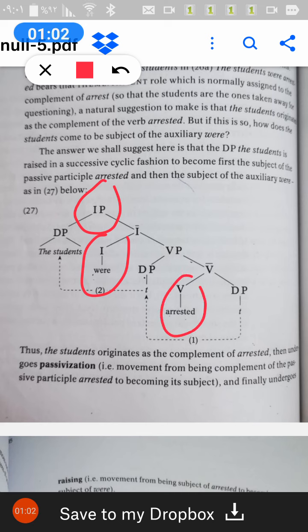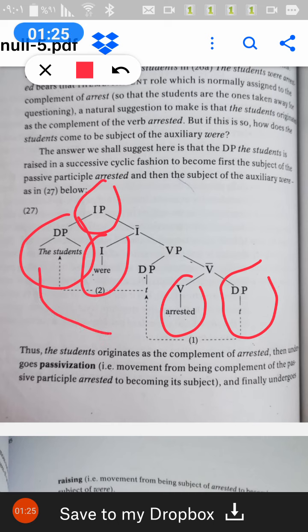According to the minimalists, the subject here, the students, the DP, the noun phrase, has been moved in a successive cyclic fashion. There is no direct movement here. First of all, as you see in this example, these students function as a complement, or the object, of the passive participle arrested.